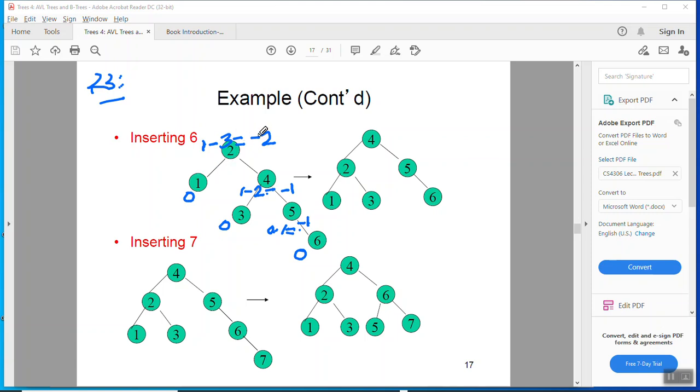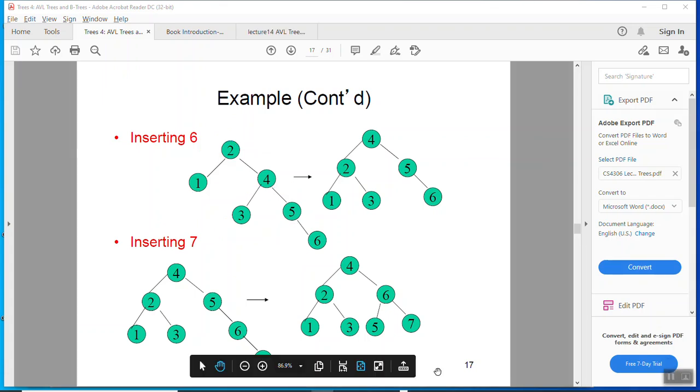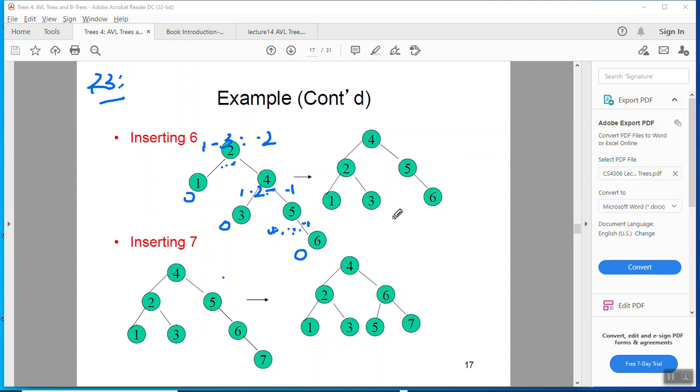So then what is the problem? The problem is here, in this node. So what will we do? As this node becomes imbalanced, we need to rotate.